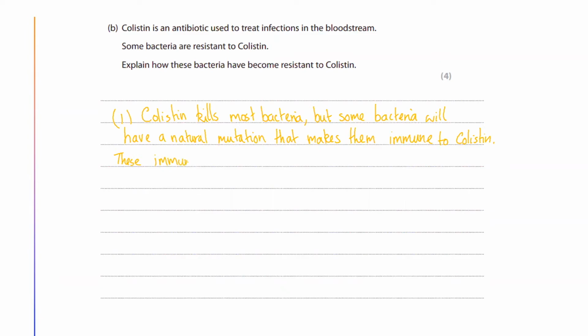So these immune bacteria survive and go on to reproduce to produce more bacteria with the immunity to colistin.